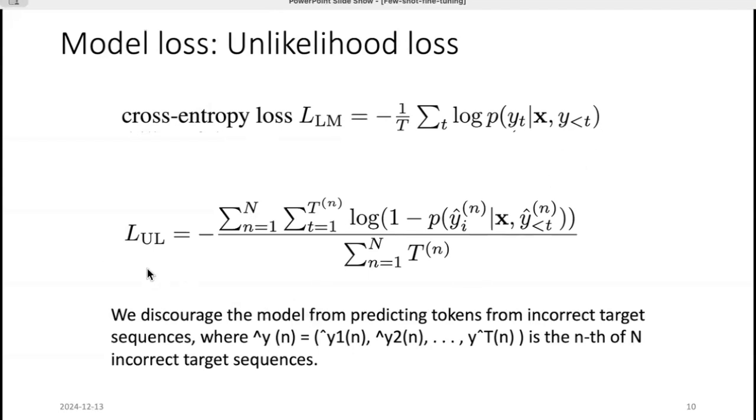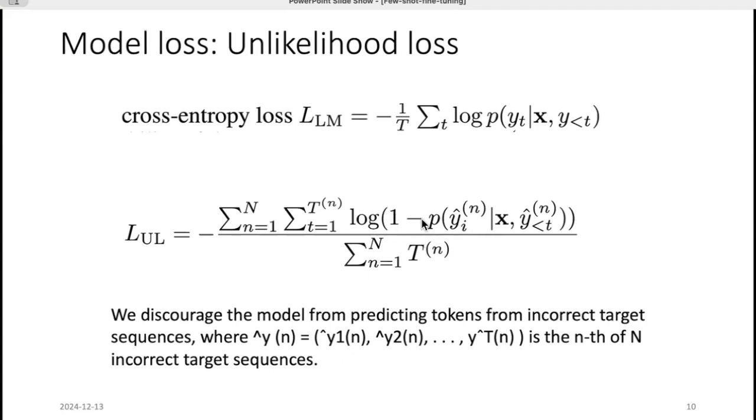In their paper, they also introduce an additional loss, which is the unlikelihood loss. Here you see the hat over here, this y hat, and you also see a y minus, right? The probability is over the sequence, the y hat sequence, which comes from the incorrect target sequences. They choose n incorrect target sequences and try to minimize the probabilities of these incorrect sequences.